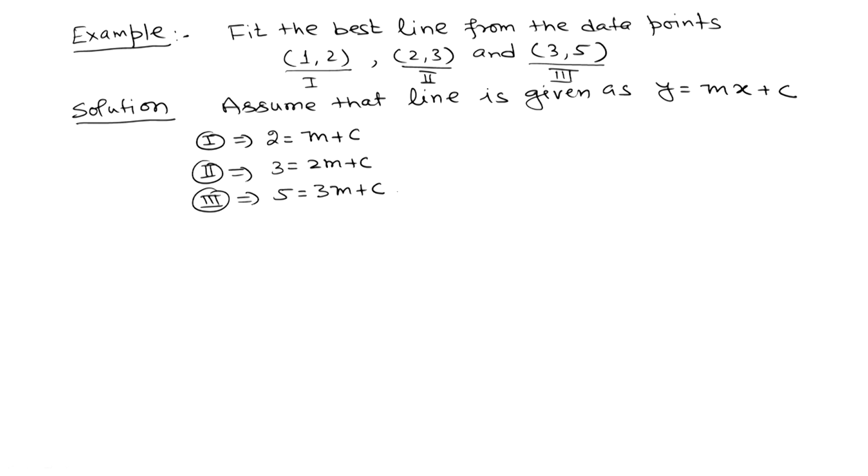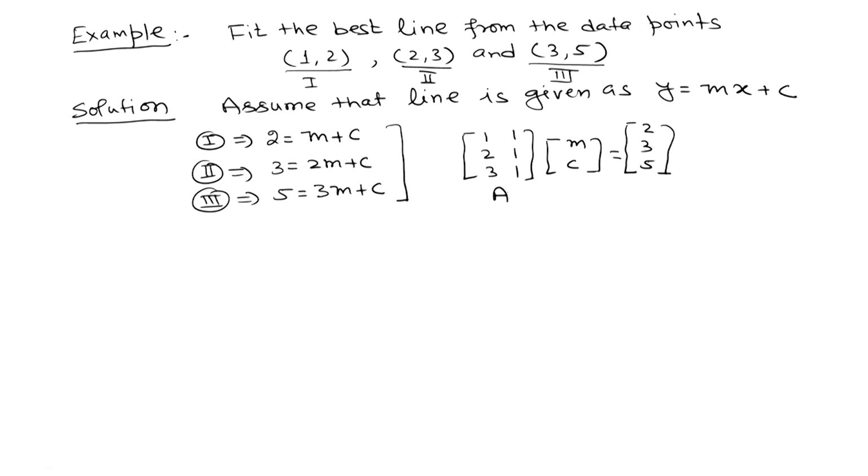So, this particular system can be written as the matrix [1 1; 2 1; 3 1] multiplied with [m c], and this equals to [2 3 5].